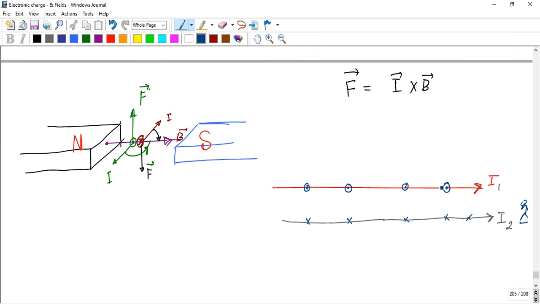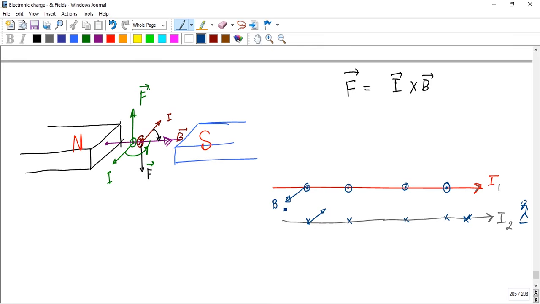When both currents are in the same direction, this current generates a magnetic field here, and the current passing through the other wire generates a magnetic field in here. So this magnetic field is in that direction, and here the magnetic field is in that direction.